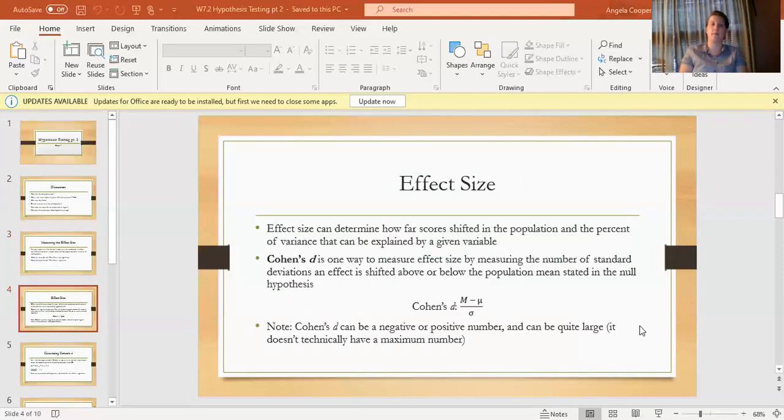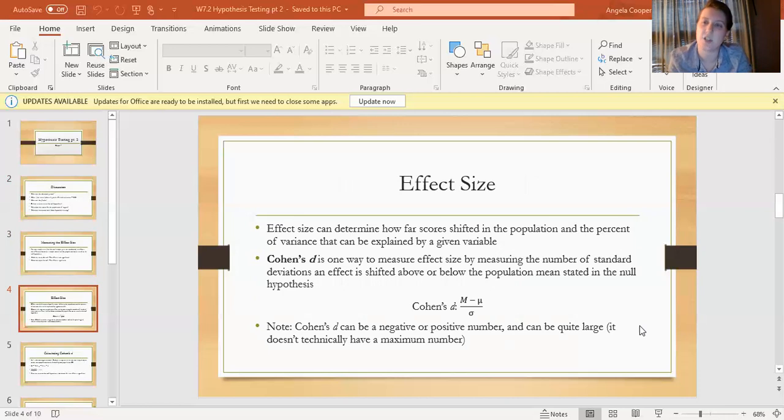So how do you do it? Well, there's a formula, of course, but what Cohen's d is actually measuring is the number of standard deviations that one mean has shifted above or below the other. We're going to be using Cohen's d a lot, with pretty much most tests that we do from here on out.